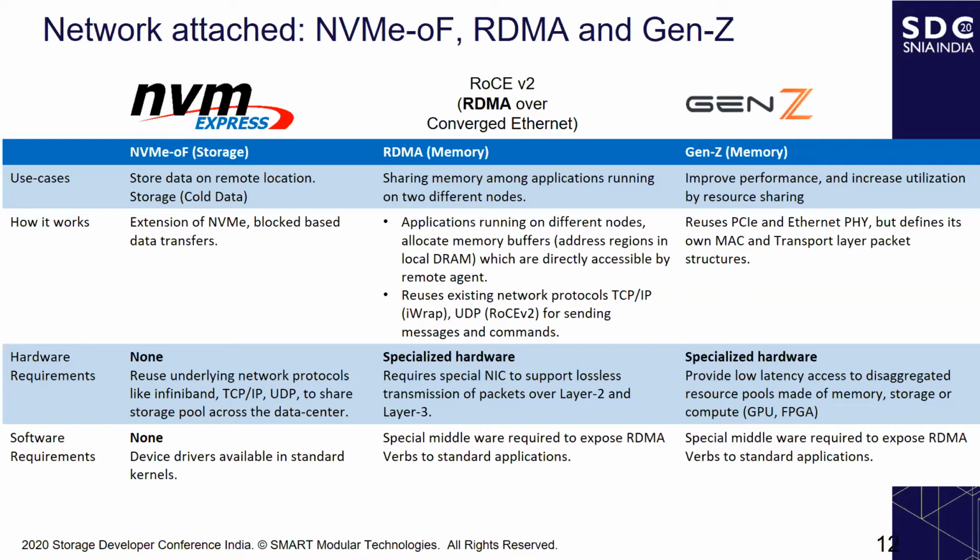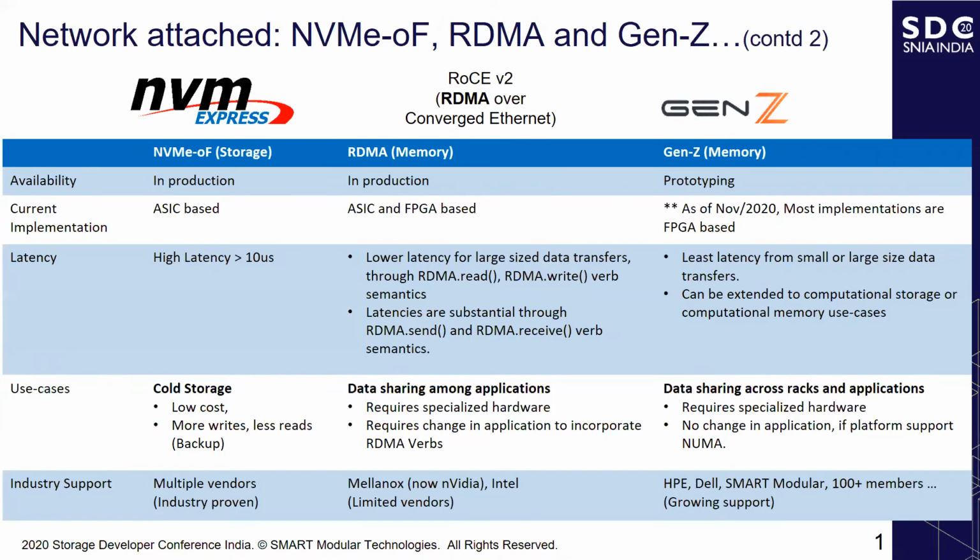It gives Gen-Z the specific benefit of achieving very low latency and high performance even for normal memory load and store applications. To achieve this kind of low latency and high bandwidth, obviously you need specialized hardware which is designed for the Gen-Z standard. And you need a software stack which supports Gen-Z to be plugged into your application.